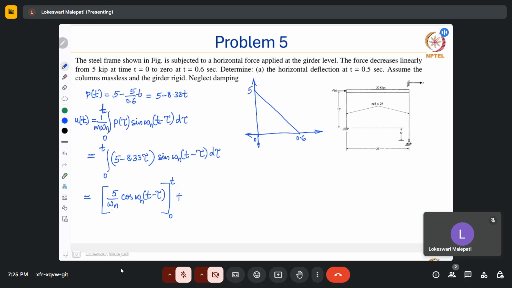So here we have m omega n square, so that would give the k value here.